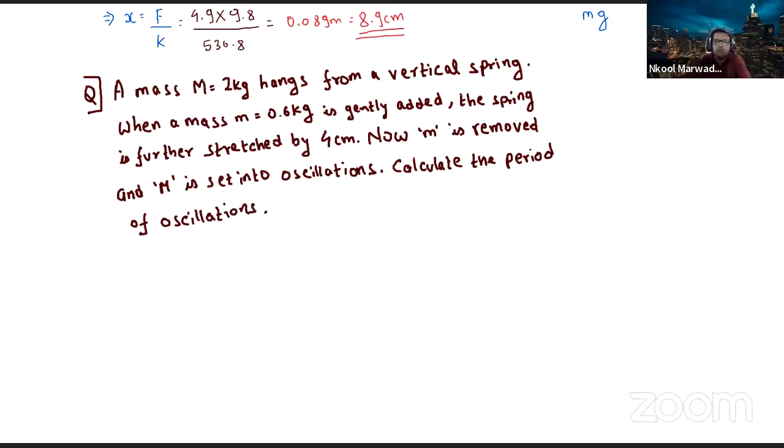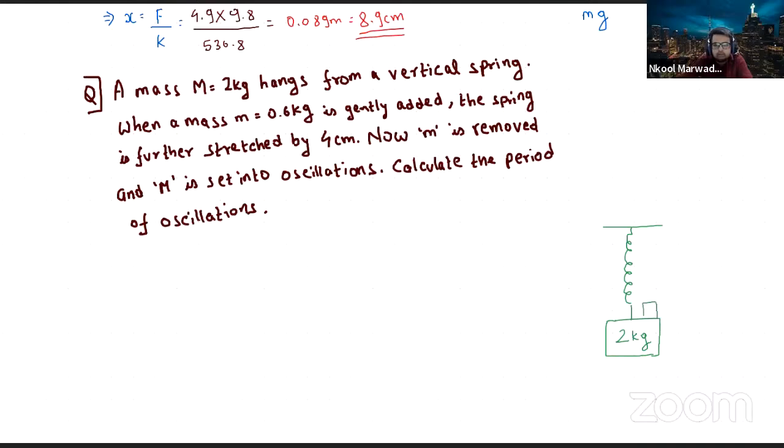Let us look at the question. A mass of 2 kilogram hangs from a vertical spring. So let us visualize this. We have a vertical spring with a mass of 2 kilogram attached to it. So this mass hangs, and an additional mass of 0.6 kg is added.